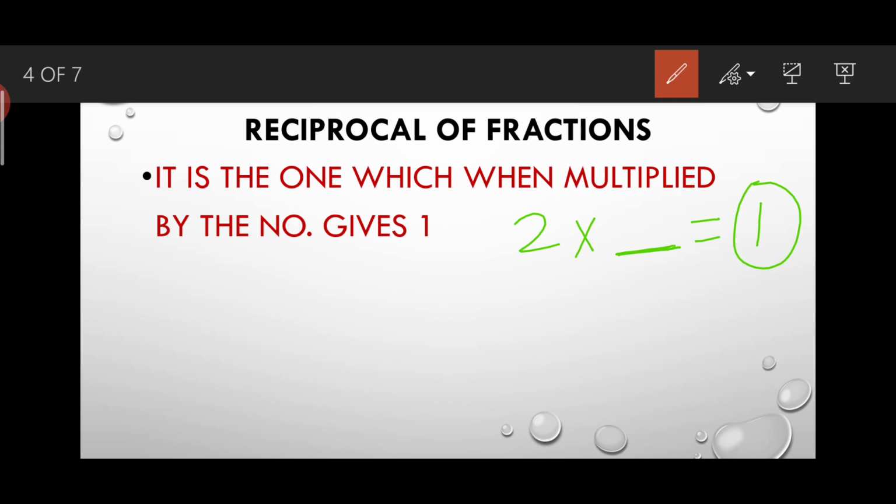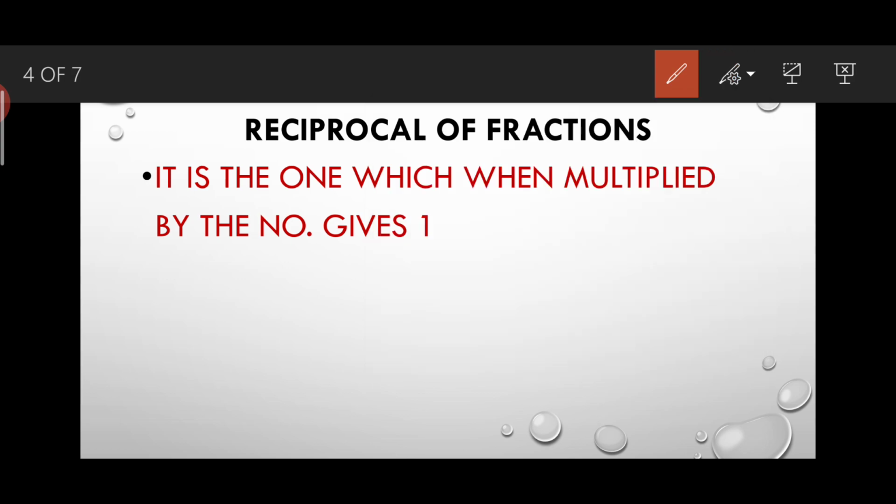Okay, you have to tell me that if you multiply 2 by 1 by any number, what should the number be to get the answer 1? If we multiply 2 by 1 by 2, the answer will be 1, because 2 will cancel out 2 and the answer will be 1.